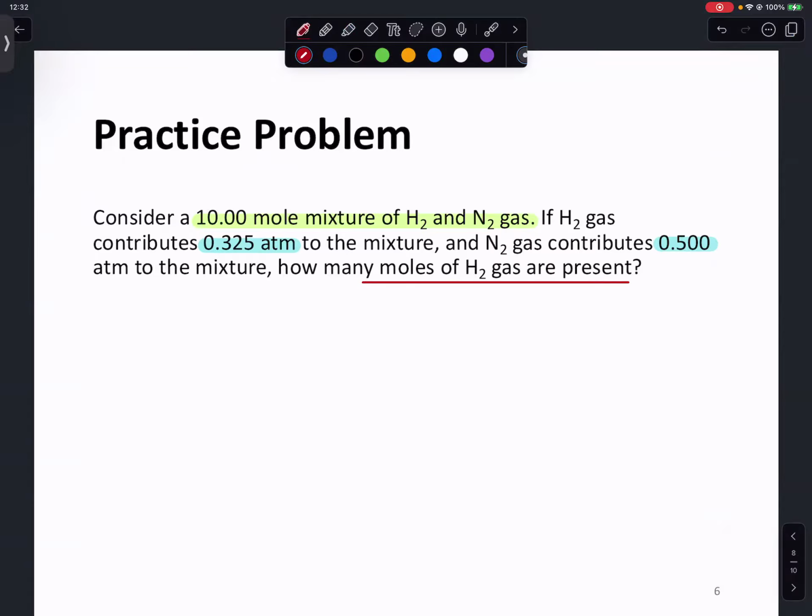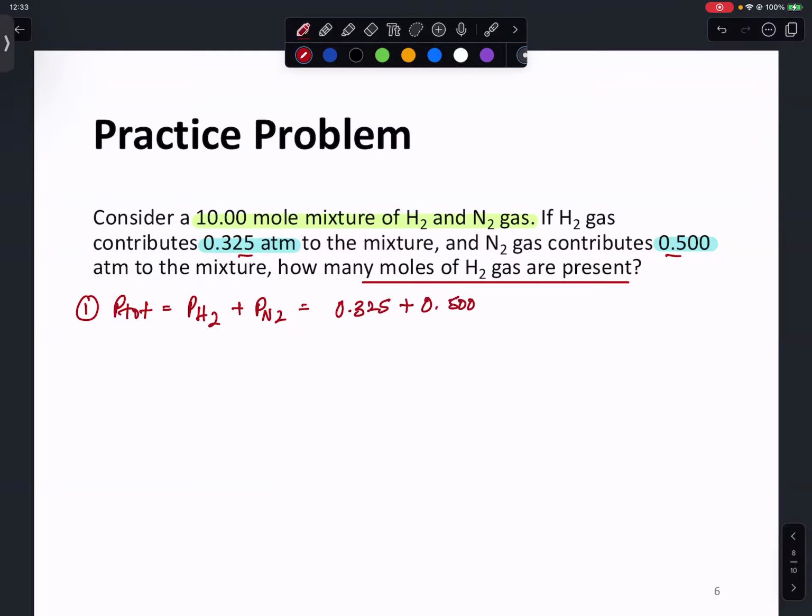This is a different but similar problem. The first step is to calculate the total pressure, because I'm given the partial pressure of each gas. It's the partial pressure of hydrogen plus the partial pressure of nitrogen, which is 0.325 plus 0.500.